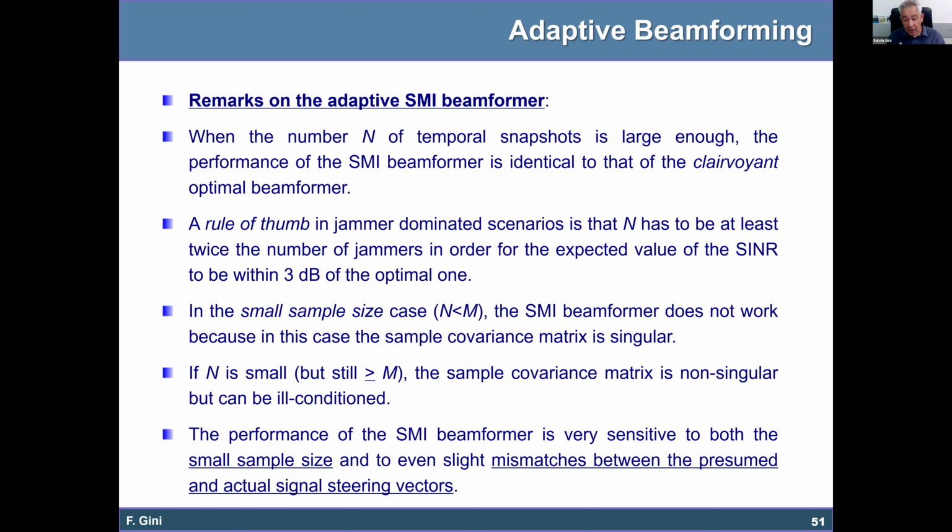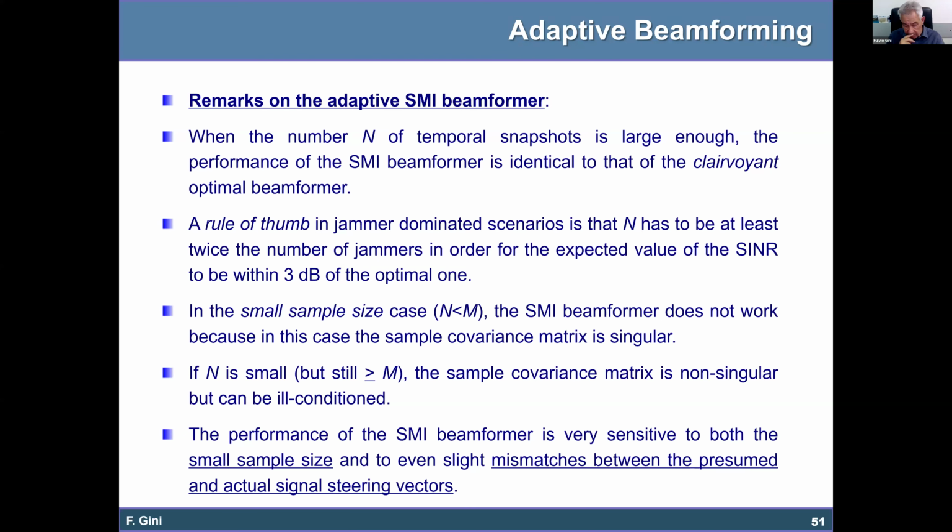You cannot rely on the inverse, because if the matrix is ill-conditioned, all the methods to calculate the inverse don't work well. So if we are in the small sample size case, we are in trouble. In that case, one option is to use the classical beamformer, which does not require any calculation of the inverse of a matrix.